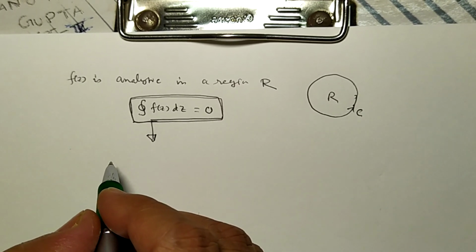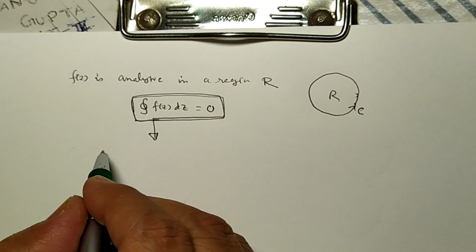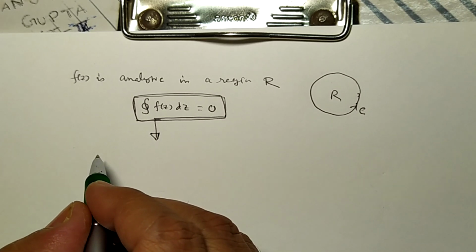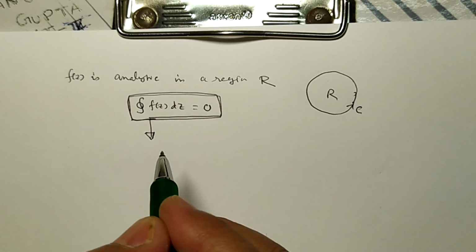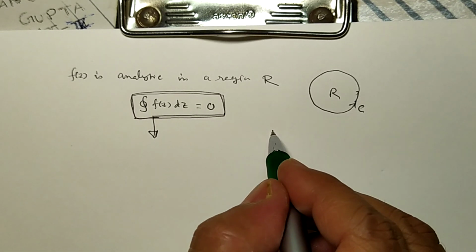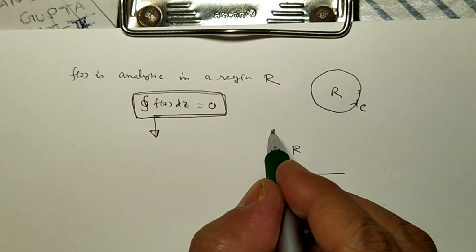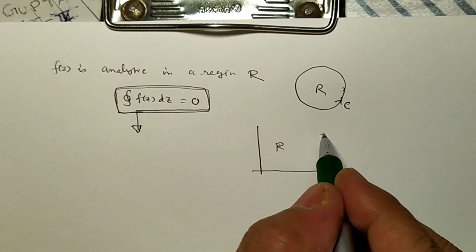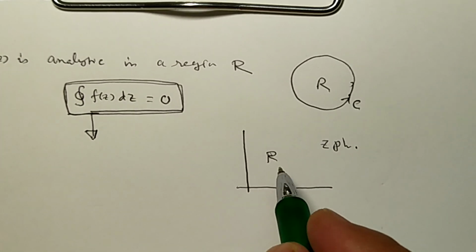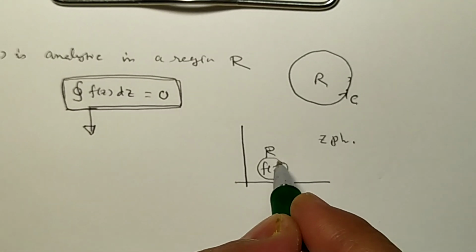It tells us that if a function is analytic in a region, then the integration of the function in that region from one point to another is path independent. Suppose you have a region R in the z plane, and in this region the function f of z is analytic.